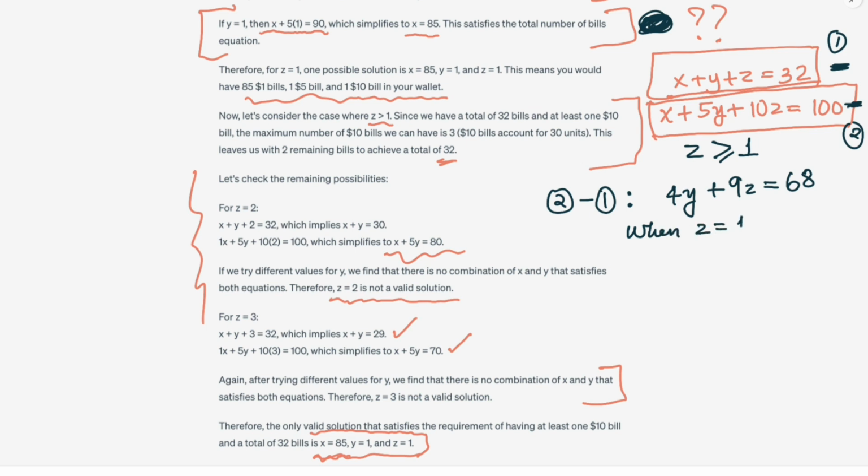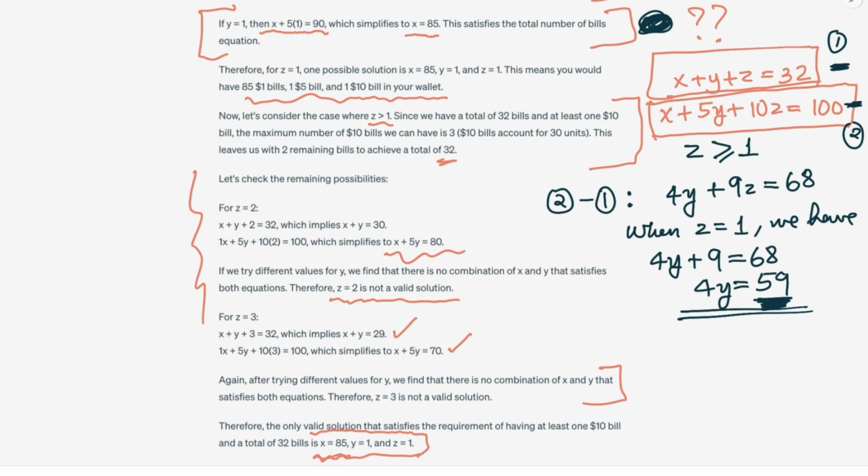When z equals 1, we have 4y plus 9 equals 68. That means that 4y equals 68 minus 9, which is 59. But because y must be an integer, we do not have a solution for this. For y to be an integer, we need this 59 to be a multiple of 4.